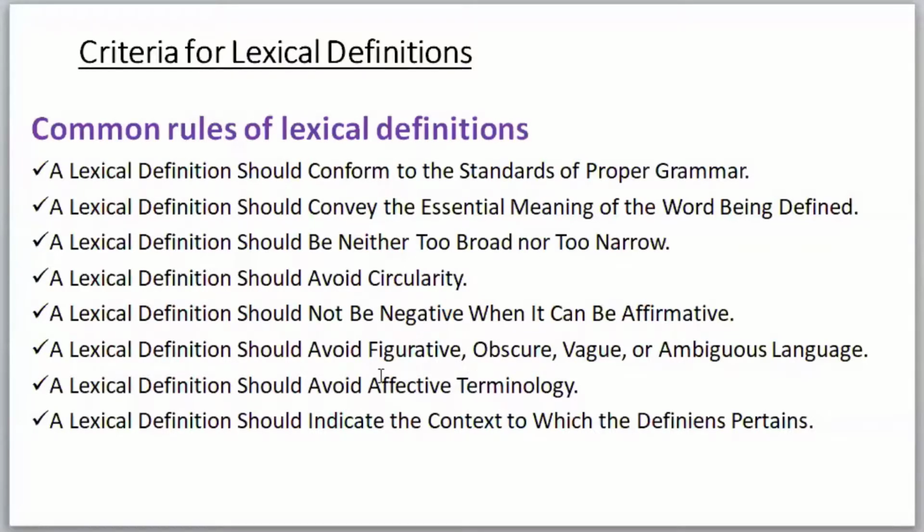For example, instead of saying camel, I may say the ship of the desert. I create a picture, an image, in the listener's mind. So in lexical definition, we should not use figurative, obscure, vague, and ambiguous language. We have discussed these issues.